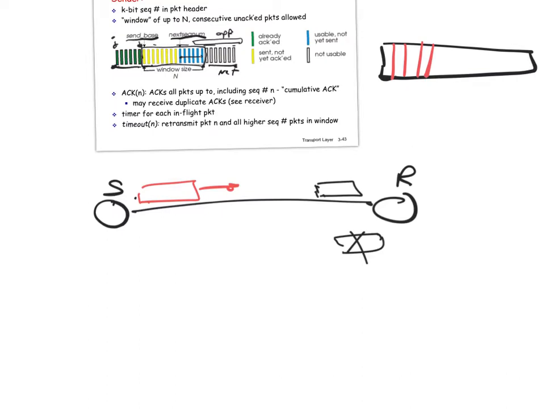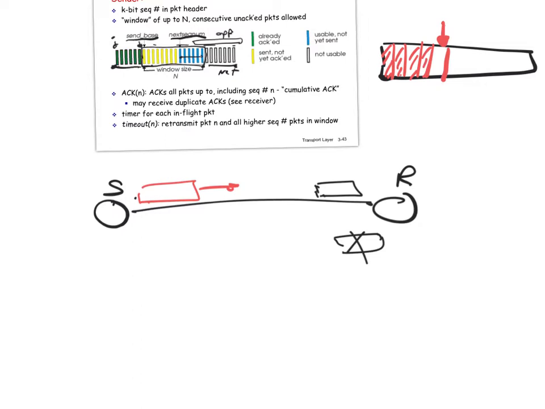The segments are coming in, okay? So these are the segments that have been received successfully. So you will see here, I have only one pointer needed at the receiver, which points to the segment that I did not receive yet. Okay?